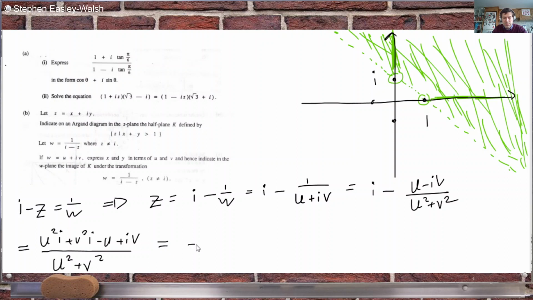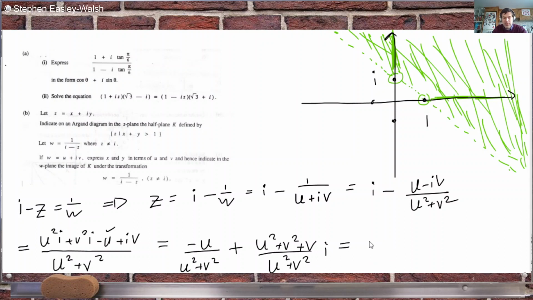So that's minus u over u squared plus v squared plus, so that's the only real part, isn't it? So the imaginary parts would be u squared plus v squared plus v over u squared plus v squared i.